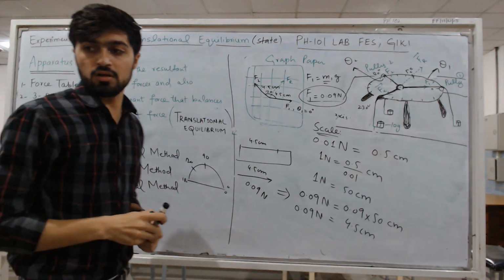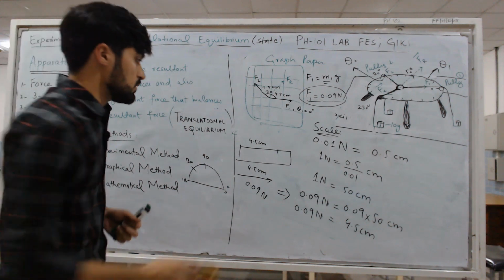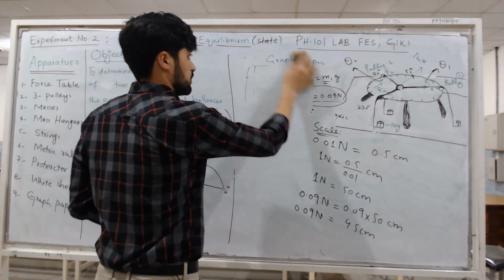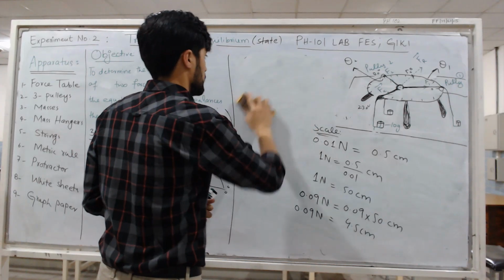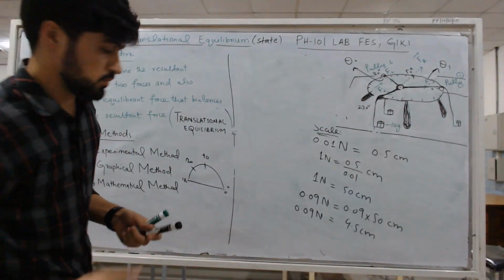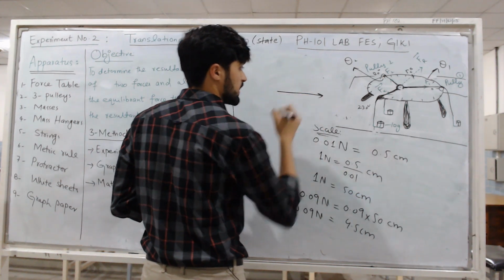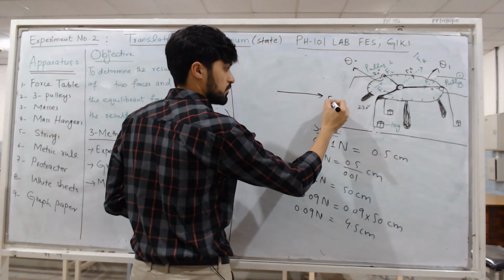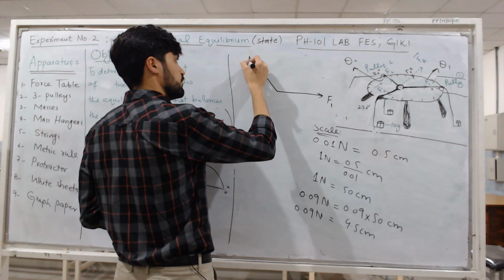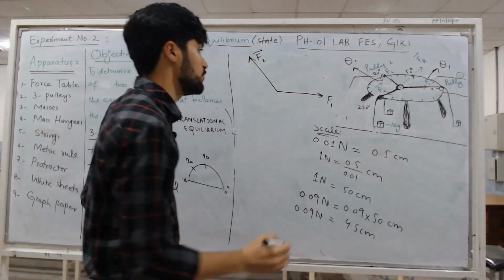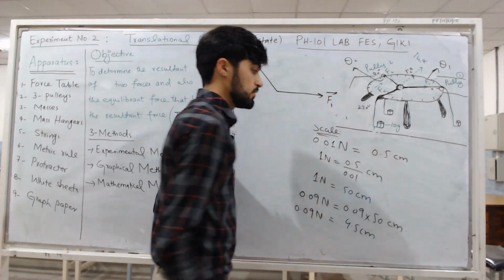So let me draw a clean figure, a more clear view of this. Let's say this is our F1 on the graph paper. This is, let's say, our F2 at 120 degrees, and hopefully you now know how to select a suitable scale.